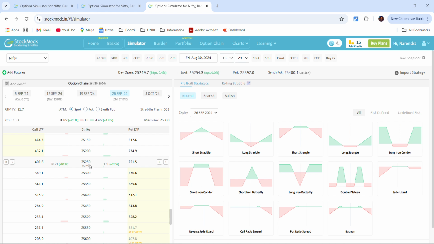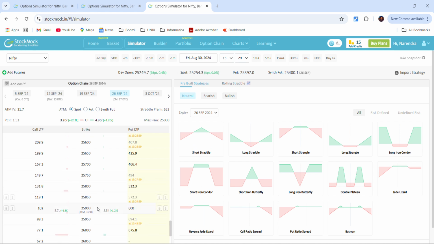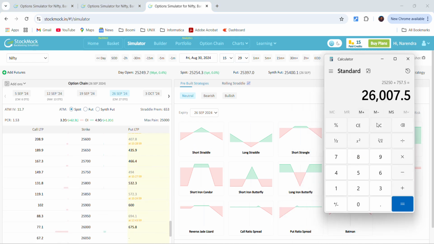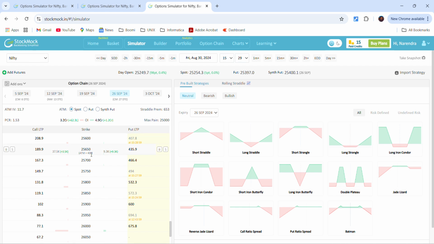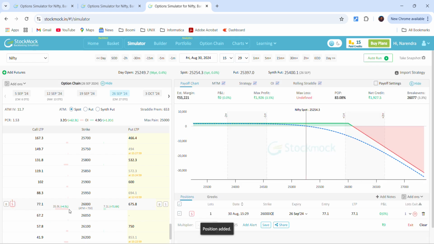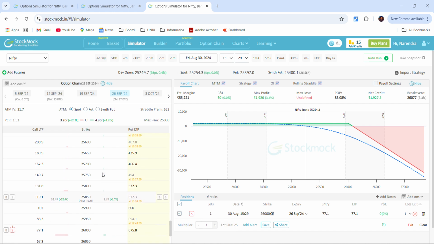On the call side, let's go around 750 points, which is around 3%. Calculate 25,250 plus 3%, so around 26,000. So let's go to 26,000. We have 26,000 trading at 77 premium. Let's sell one lot here.